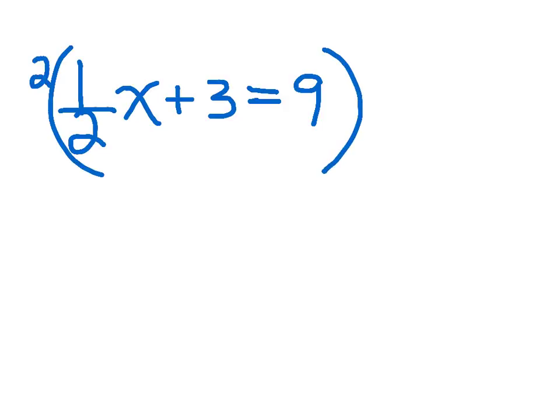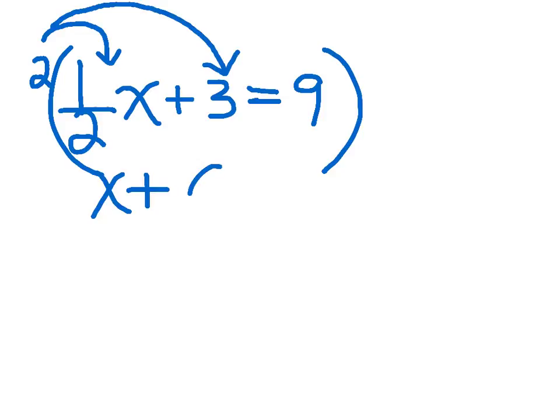When I multiply here, that destroys the fraction and gives me x. But I'm multiplying both sides of the equation, which means I have to multiply the 3 by 2 as well, and also the 9 by 2.